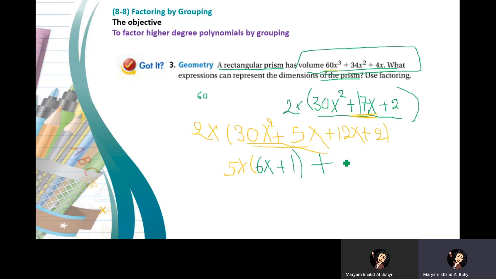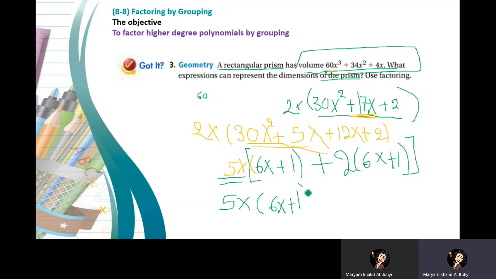Plus, just take 2 outside, the remaining is 6 plus 1, 6x plus 1. Good, that's what I need. I have to put this big bracket to make sure that this is including both of them. So 5x, I will pull out now 6x plus 1. Then the remaining is 5x plus 2. I'm done like that.